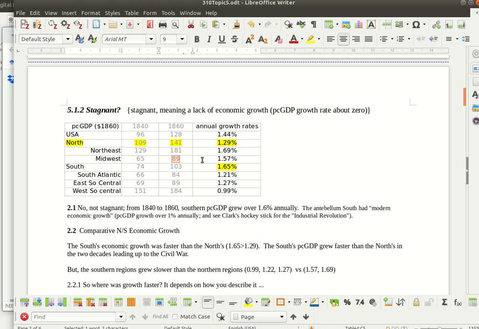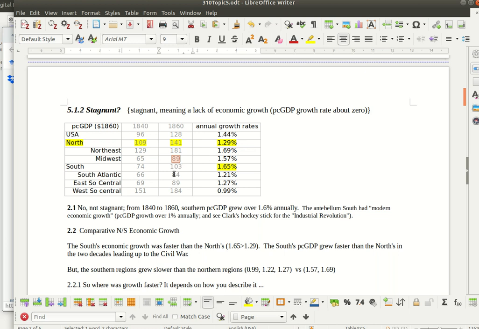This is just illustrating the point that migration from east to west in the North is going to pull down per capita incomes. The average levels of income are higher in the east than in the west, so moving population from the east to the west is going to reduce per capita GDP.